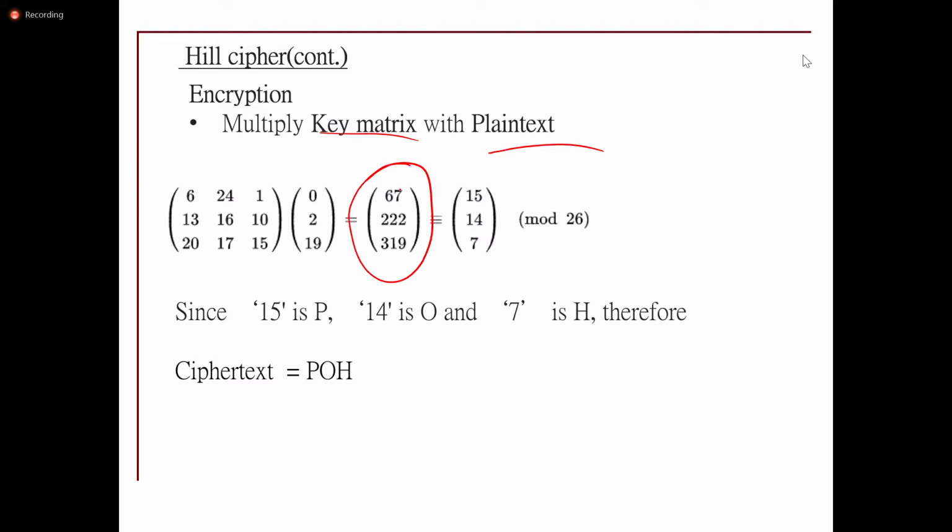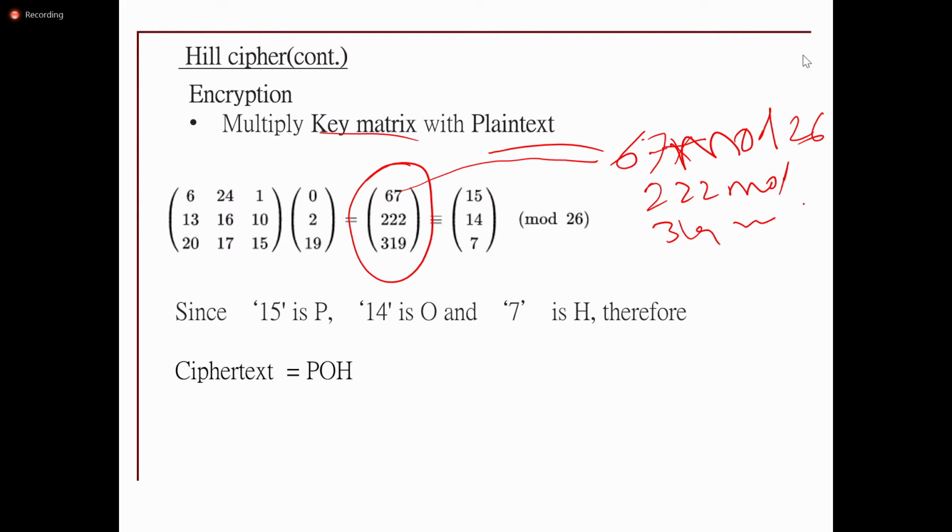After getting this result, what we need to do is take the mod of these numbers. 67 is the result. 67 mod, we need to take mod 26 because there are only 26 alphabets. And 222 mod 26, 319 mod 26. All we need to do is mod with 26. Then we'll get this result: 15, 14, and 7.